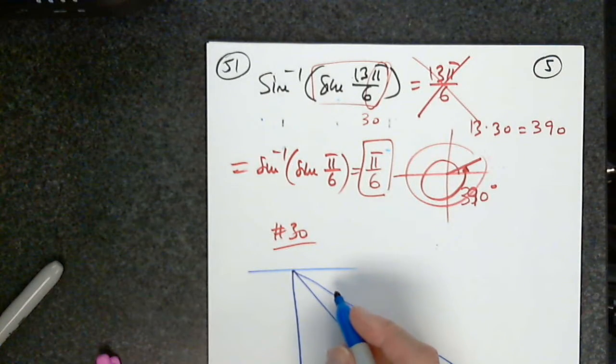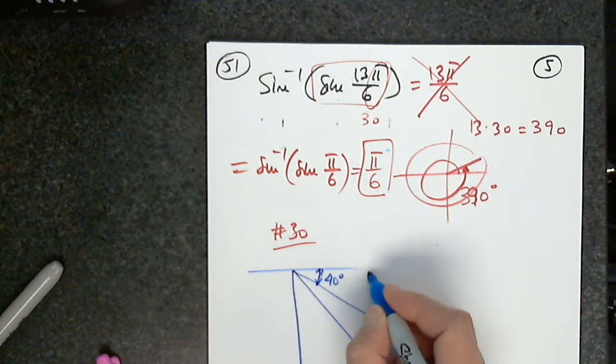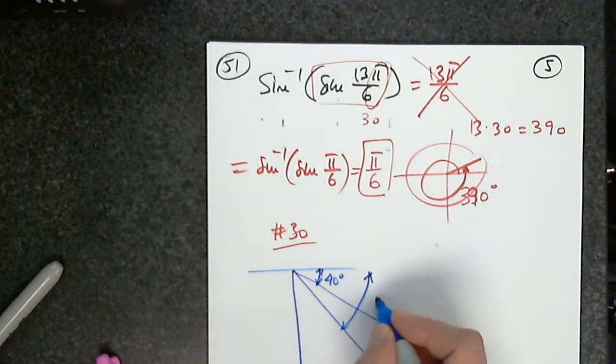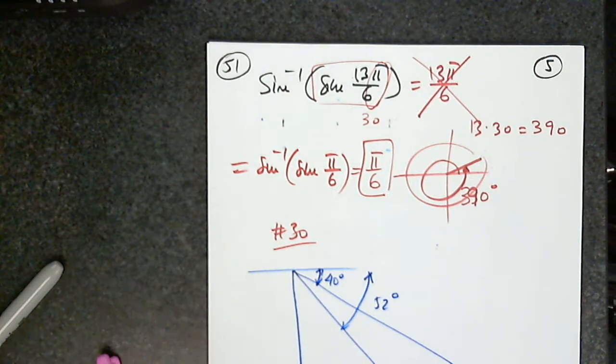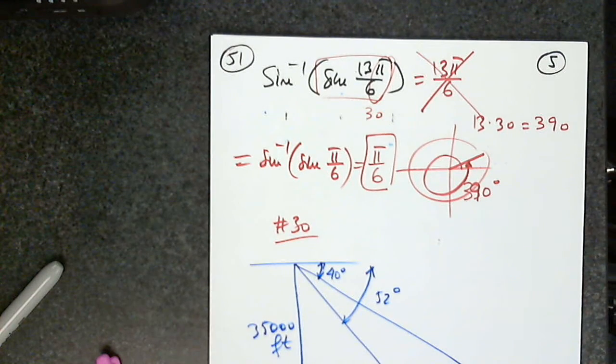So this small one is 40, and this bigger one is 52 degrees. If the pilot is flying at an elevation of 35,000 feet, find the distance between the two ships.